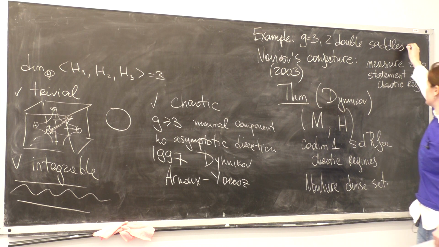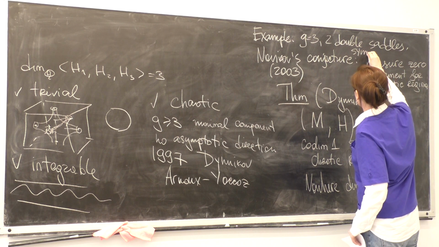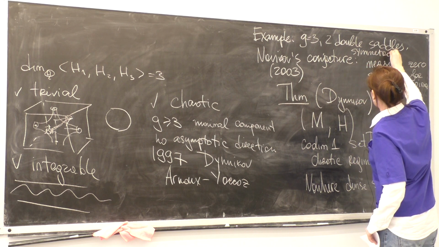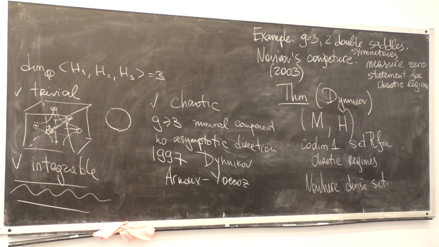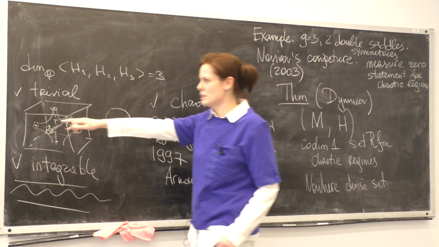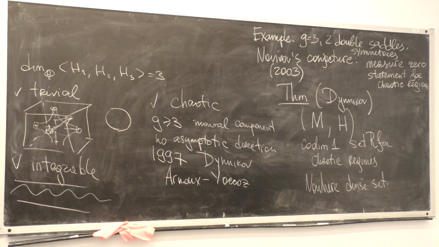It has a lot of symmetries, and it's a very particular case. Otherwise, what is the most meaningful from the physical point of view is Novikov's conjecture in a context when our surface M is somehow centrally symmetric.